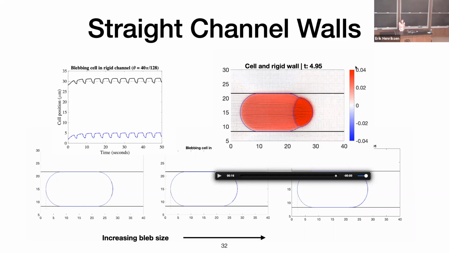So you show that for one bleb, the cell might move like this, but what happens when there are multiple blebs?